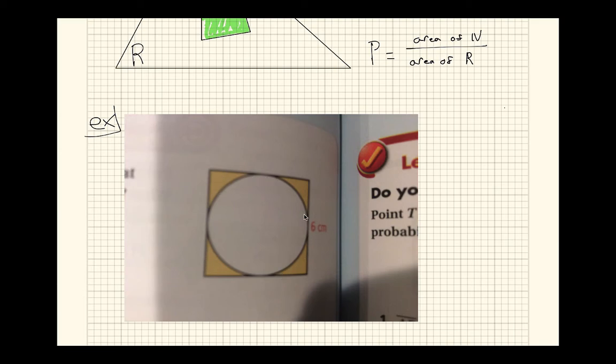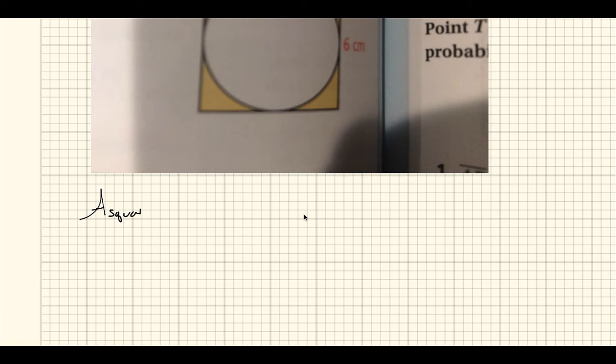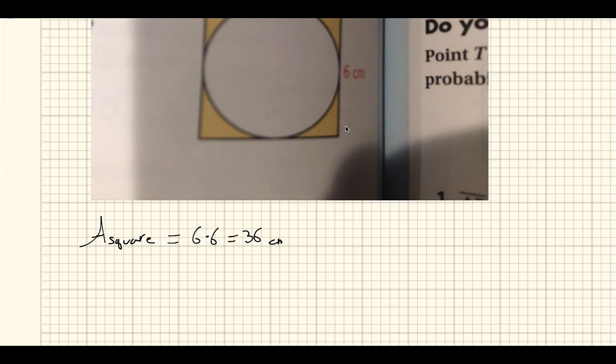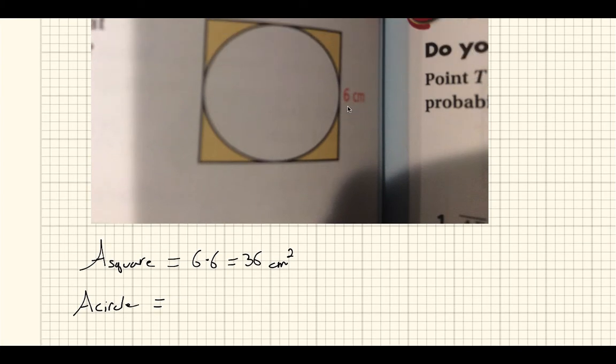So let's go ahead and do that. Let's find the area of the square. Square with side length 6, that's just 6 times 6, or 36 centimeters squared. And the area of the circle, remember, is pi r squared.